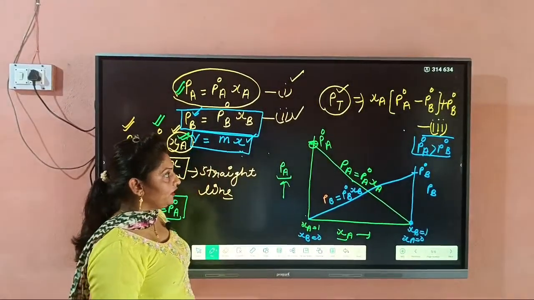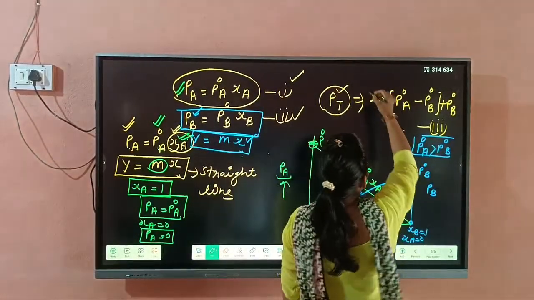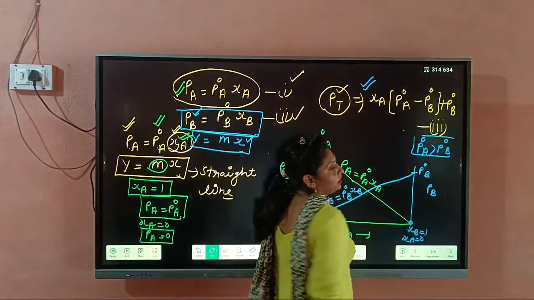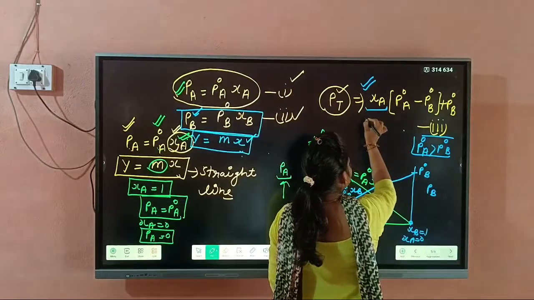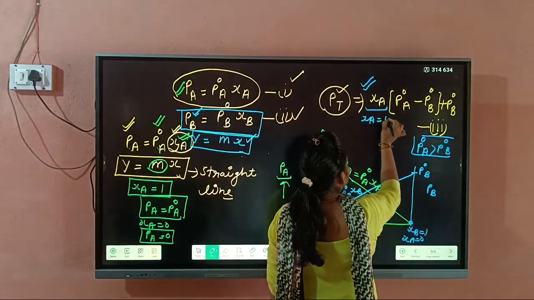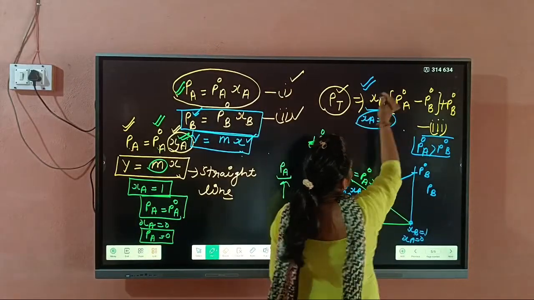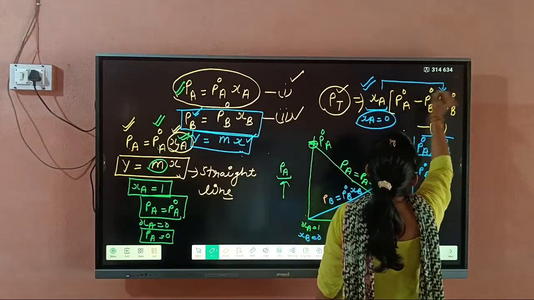With help of equation third, we will draw graph for PT, total pressure. Here put value of XA is 0. If XA is 0, so this total term is also 0.